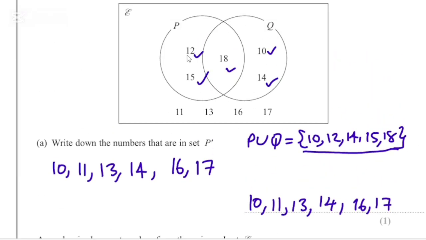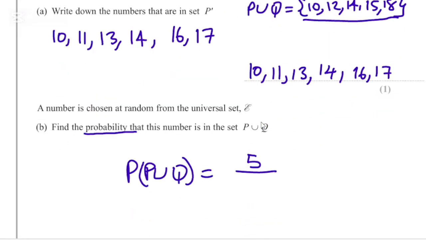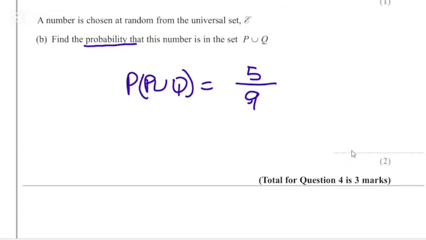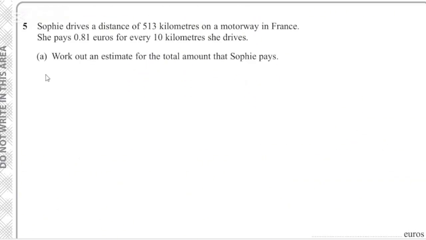The denominator will be the total outcome, adding all the numbers together, all right? So don't make the mistake of counting 18, or the number that is on the intersection, twice. So you say 1, 2, 3, 4, 5, 6, 7, 8, 9. So there are 9 numbers in total. So the probability is 5 over 9. Question 5.